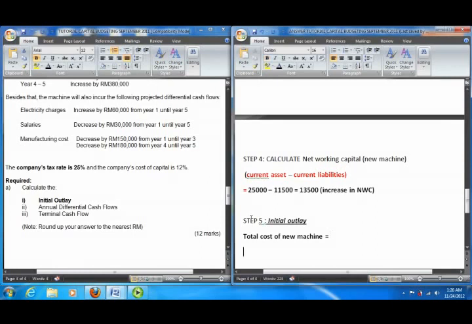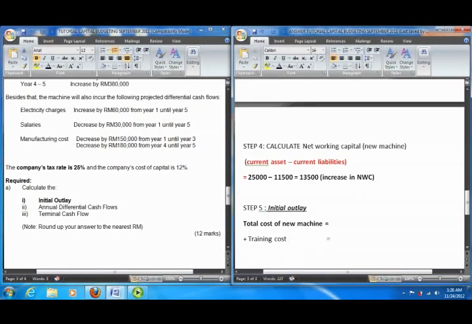Next, you need to add your training cost. Next class, don't forget to add your increase in NWC.